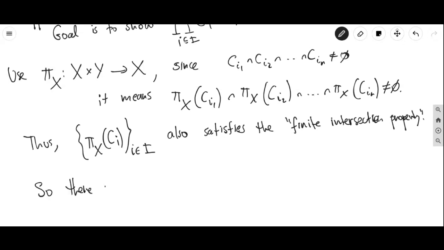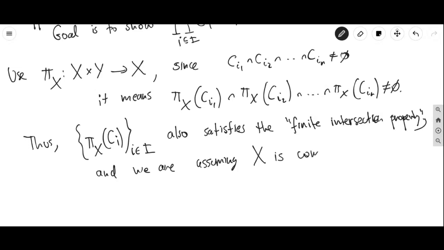So there is a point. It satisfies the finite intersection property, and this is where we're assuming that X is compact. So we have these closed sets, they satisfy the finite intersection property, and so by compactness, if you were to take the intersection of all of them, this would be non-empty.